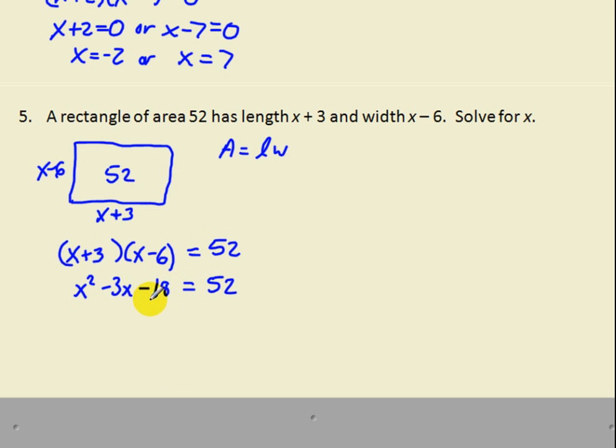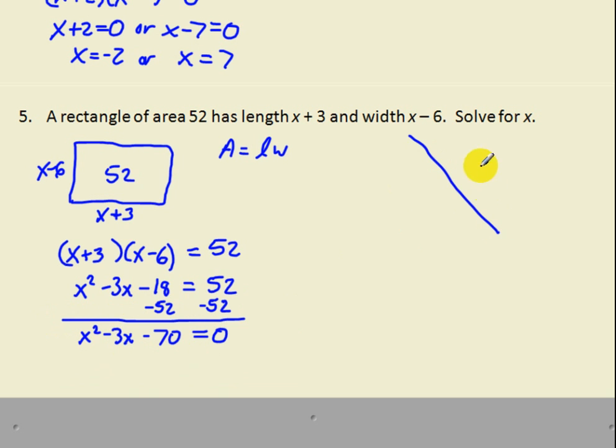But we would like this to be equal to 0. So I'm going to pull the 52 over to the other side of the equation by subtracting. So we end up with x squared minus 3x minus 70 equals 0. See if we can factor that.